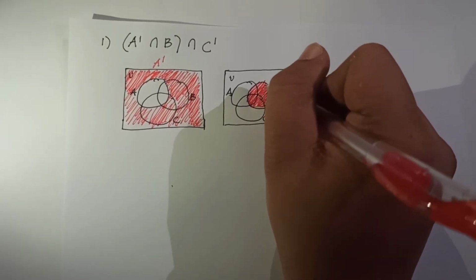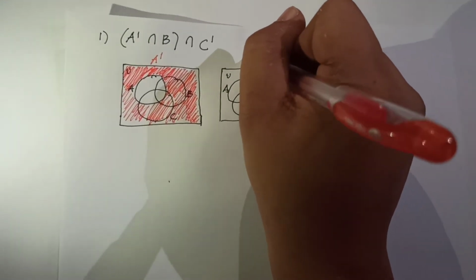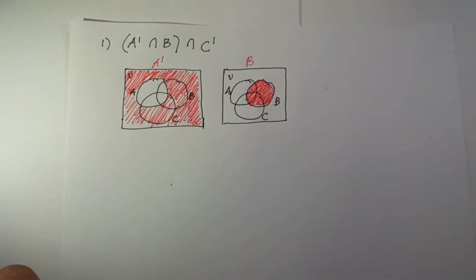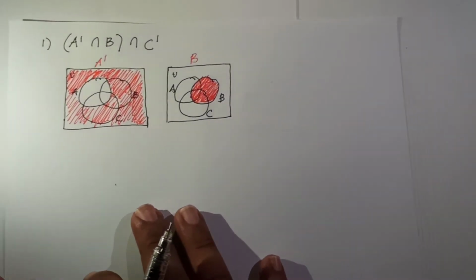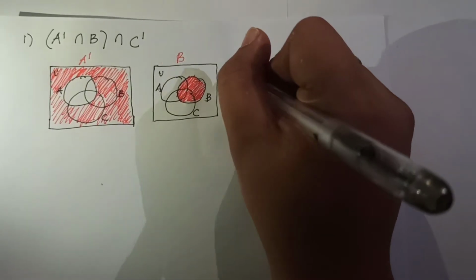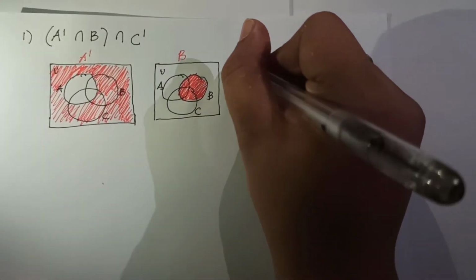So, this is for B. Next, we're going to find the intersection of A prime and B.